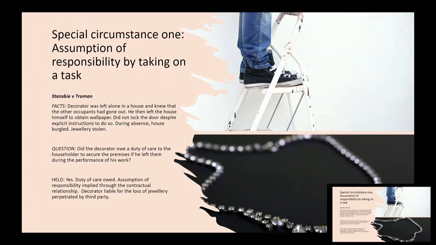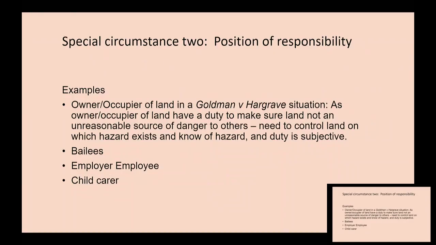The next special circumstance is when the defendant is in a position of responsibility, or when they have a special status. So it's kind of another kind of assumption of responsibility. These ideas can all start to morph into one another.